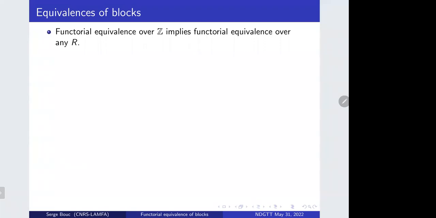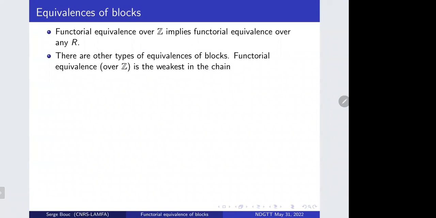There are now in the literature various notions of equivalence of blocks, and this functorial equivalence over the integers is actually the weakest in the following chain. The first one is splendid Rickard equivalence. This was introduced by Jeremy Rickard in 1996, I think.